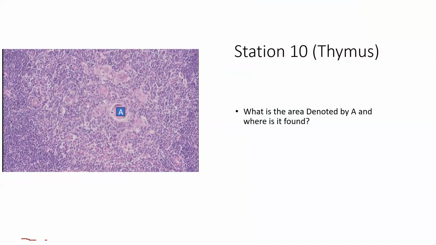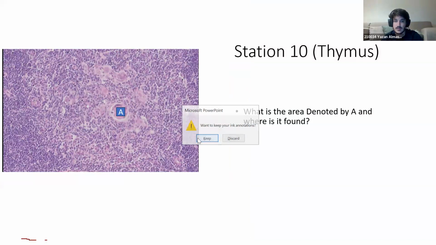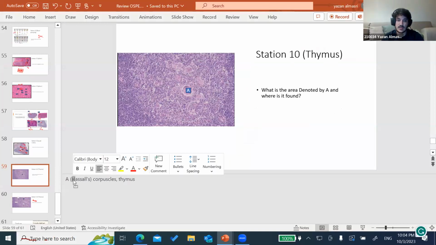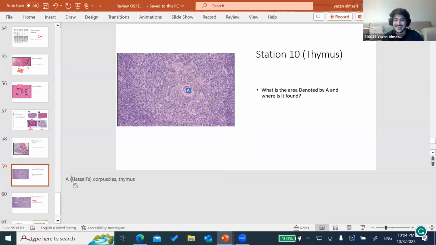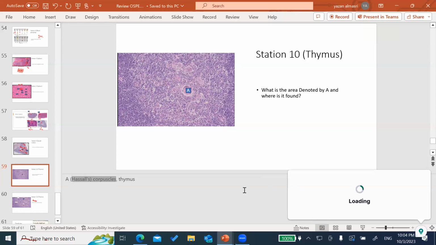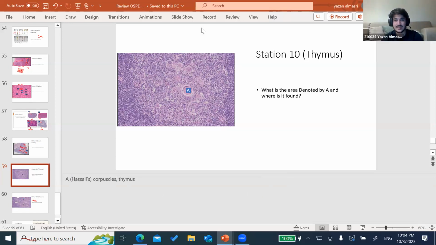Horizontal corpuscle, this one. Do you know, I just pressed exit to exit the PowerPoint because I don't know how to spell it myself. It's fine. Don't worry about it.